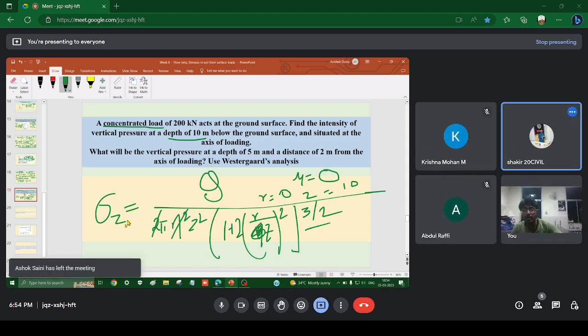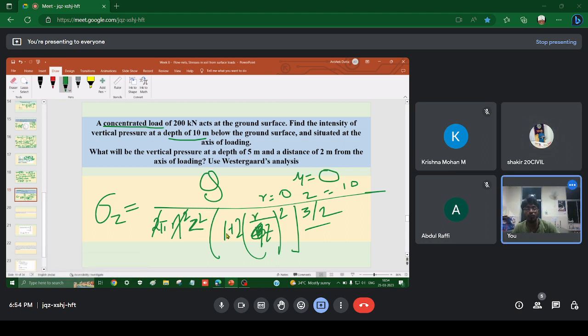This is pi into z square over here. Simple thing, for the first instance r is equal to 0, so 2 into 0 is 0, and this entire thing is not required, just q by pi z square.